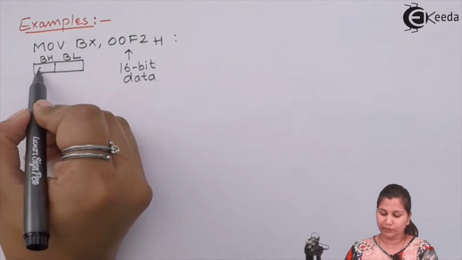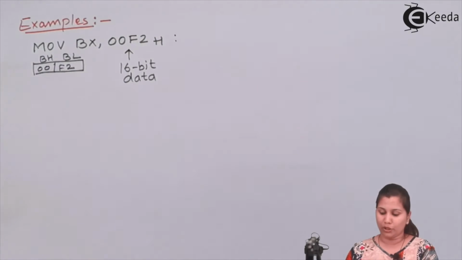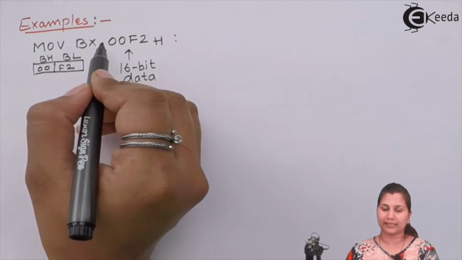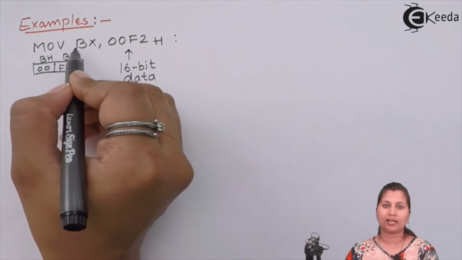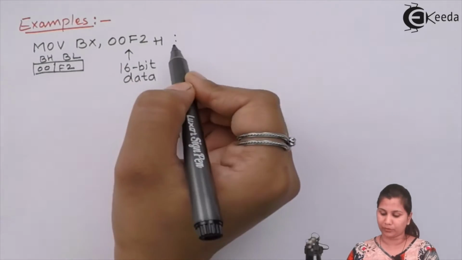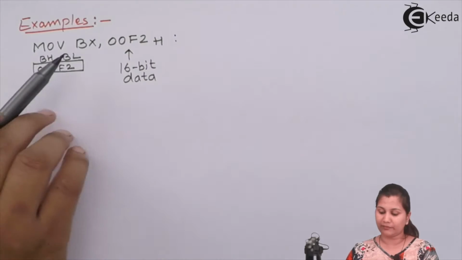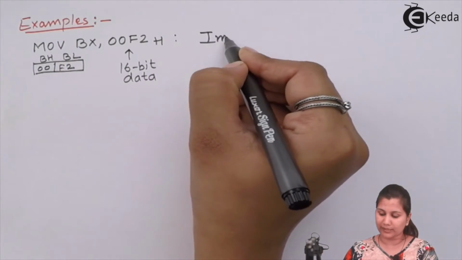So 00 will be stored in BH and F2 will be stored in the lower byte BL. Here you can see that the size of the source and destination is the same: it is 16-bit data, so the destination is also 16 bits. And this type of addressing, where the immediate data is available in the instruction itself, is the immediate addressing mode.